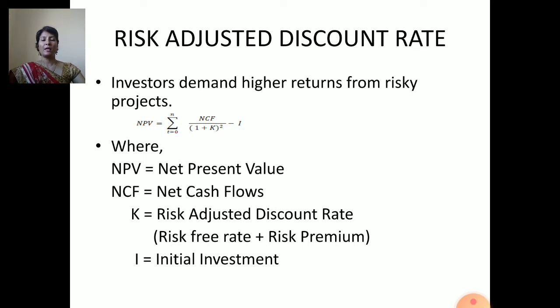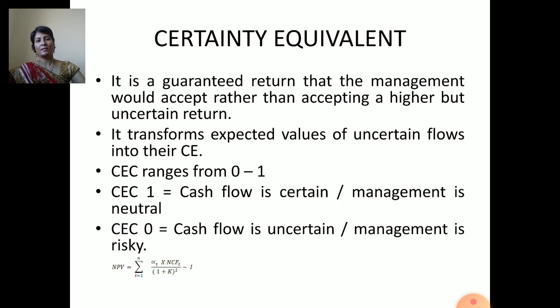Coming to the next technique, that is certainty equivalent. It is a guaranteed return that the management would accept rather than accepting a higher but uncertain return. This approach allows the decision maker to incorporate his or her utility function into the analysis.